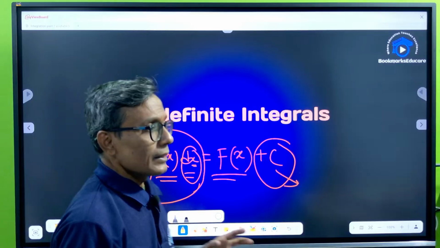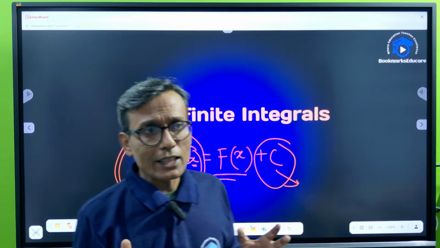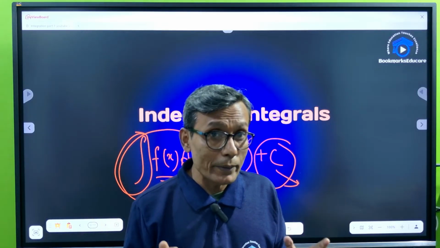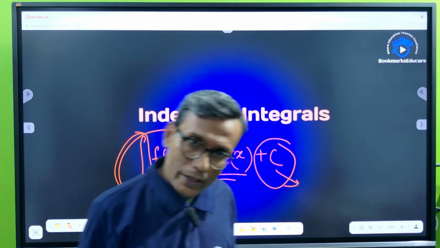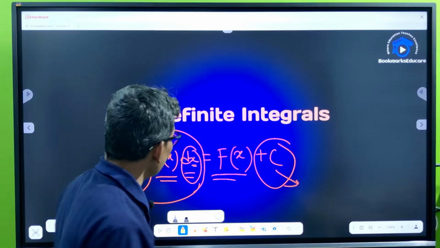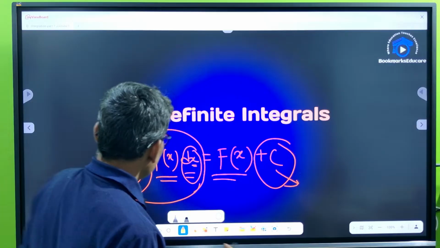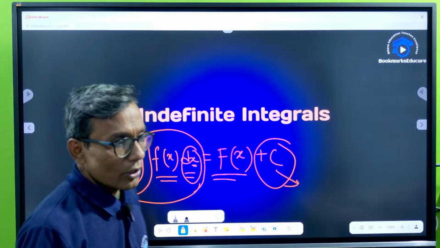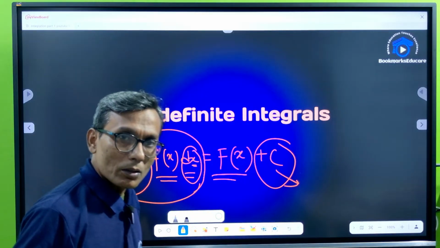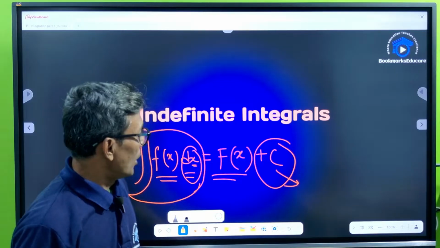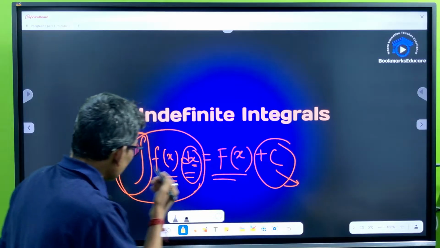So what can we say? Integration is the method of finding the integral. So what is integration? In other words, integration is the method of finding out the integral.